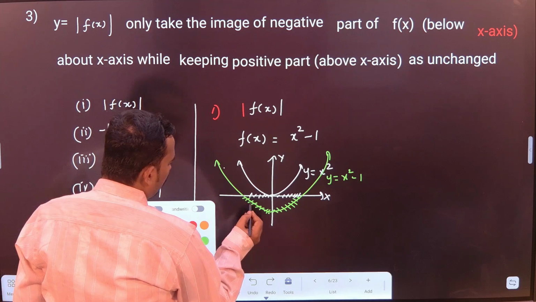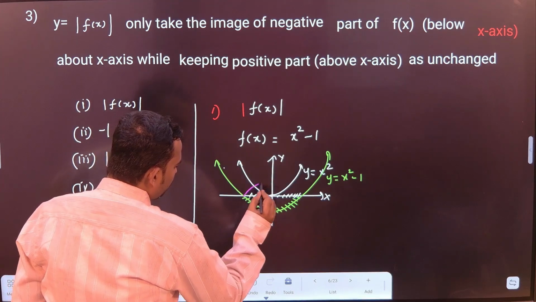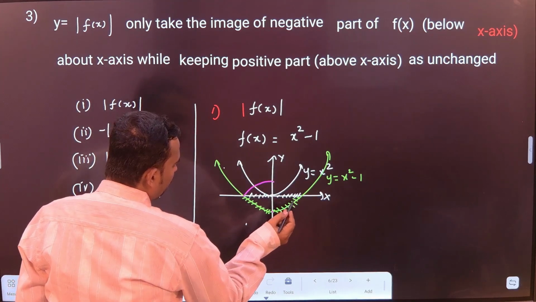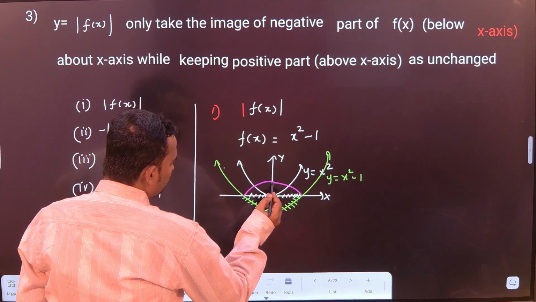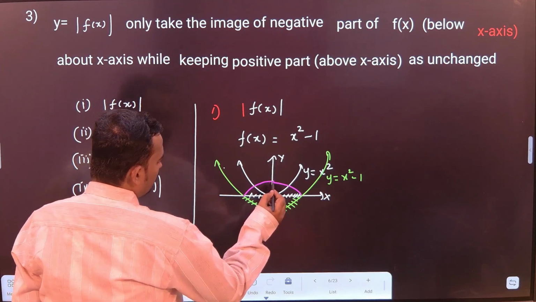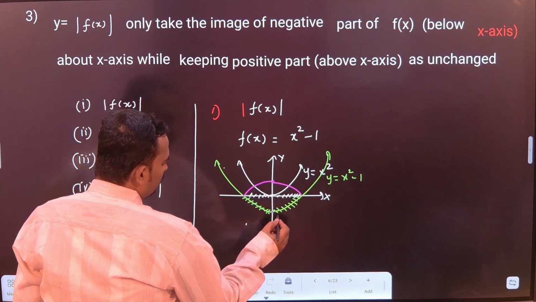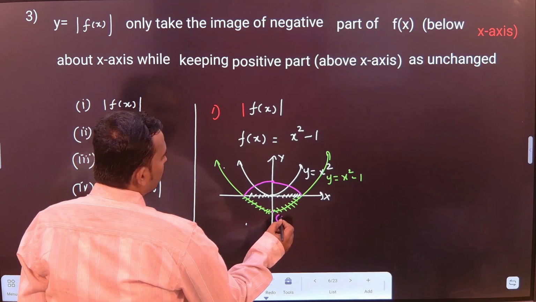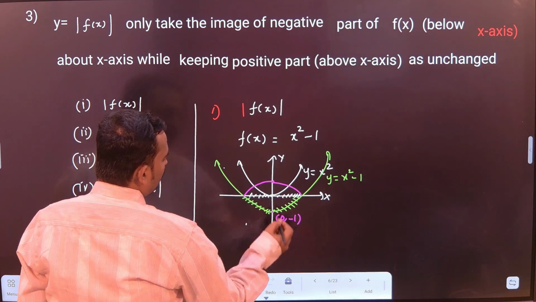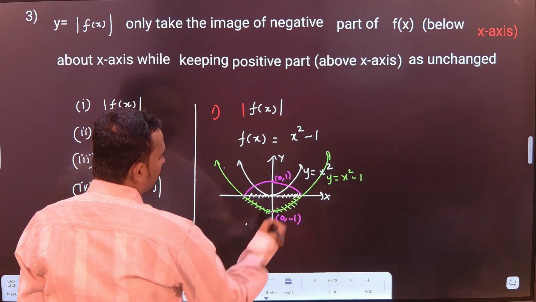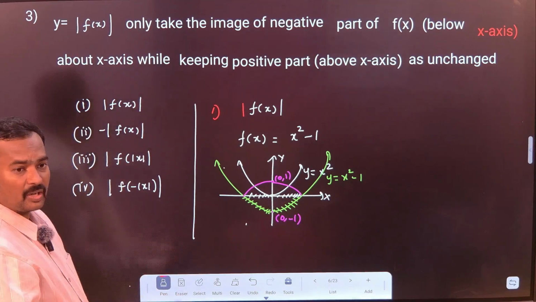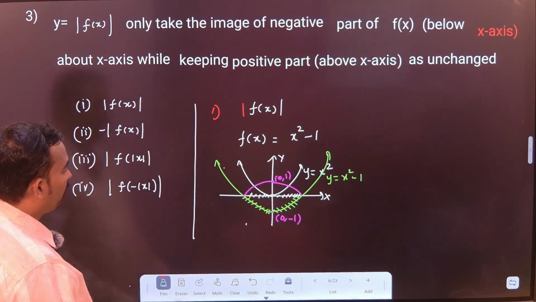You can see whatever the shaded portion is there, this portion will be coming like this, and you can see this portion will be like this. Clear? This point is what? 0 comma minus 1. This is 0 comma 1. Clear? The entire graph will be mod f of x.